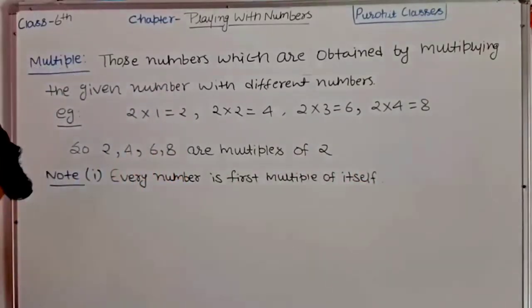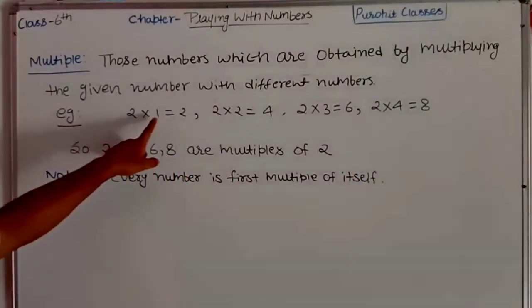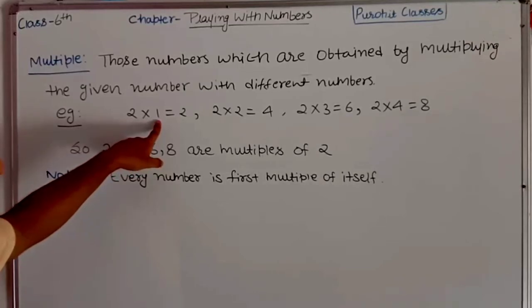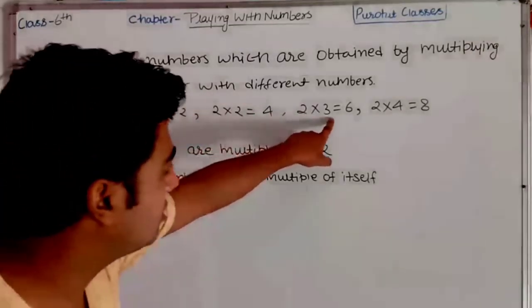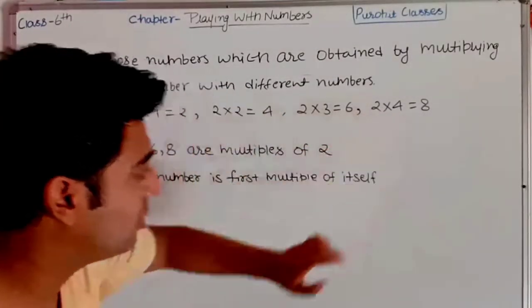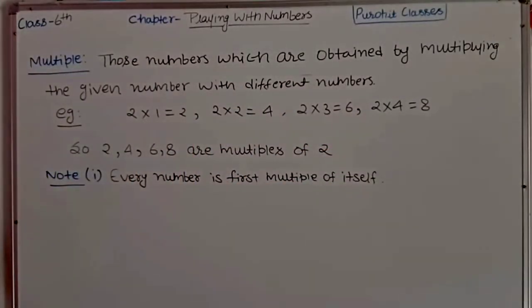Getting? This can be said to be the first multiple because it is obtained by multiplying it with 1. This can be said the second multiple, this will be the third multiple of 2, this will be the fourth multiple of 2. Getting or not? Getting? Okay.